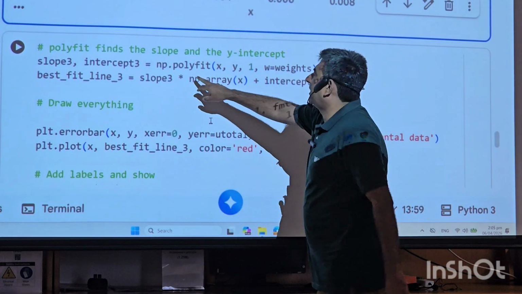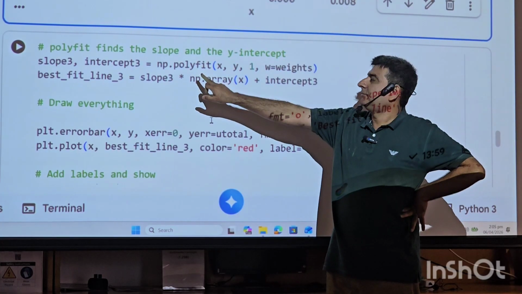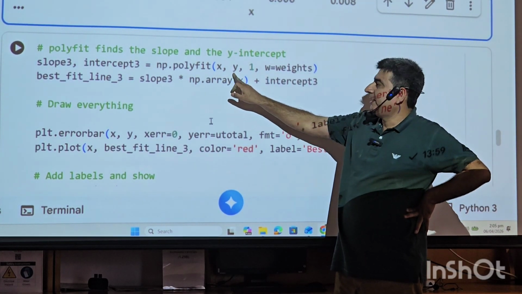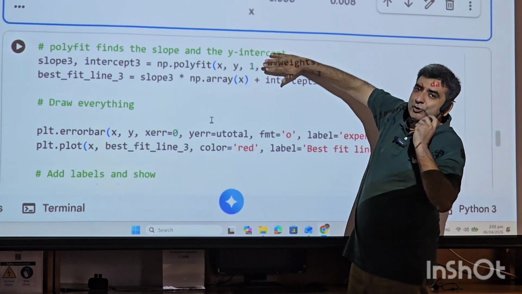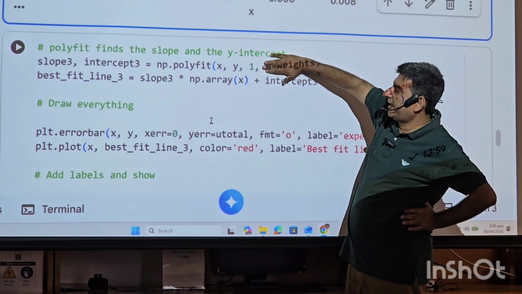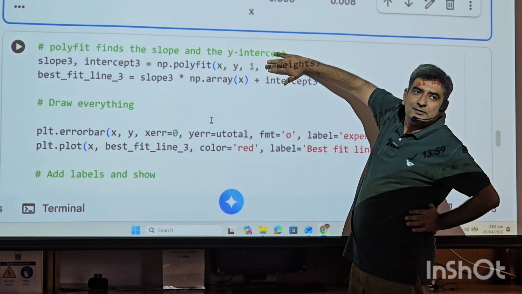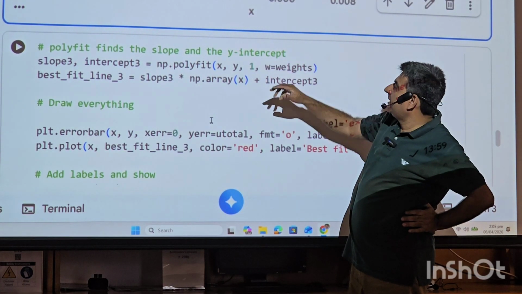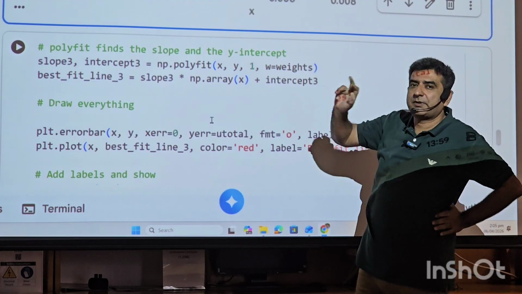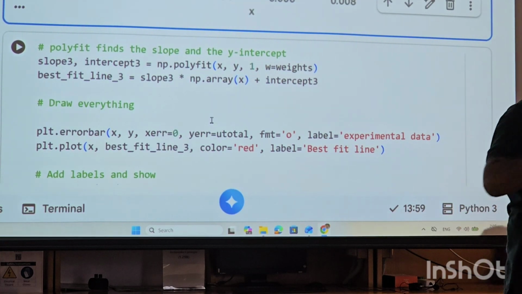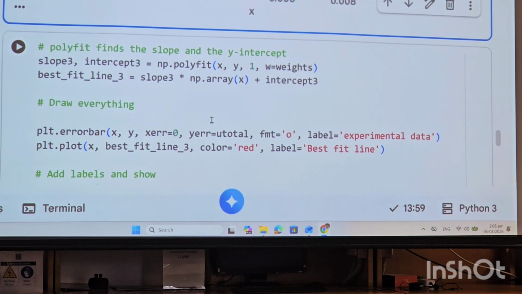Exactly the same command applies for weighted fits. Exactly the same command, polyfit. X, Y, 1. This is what you've used previously, right? Up till here. Now I'm adding another parameter. I would like to have a W. W is the parameter for weights.